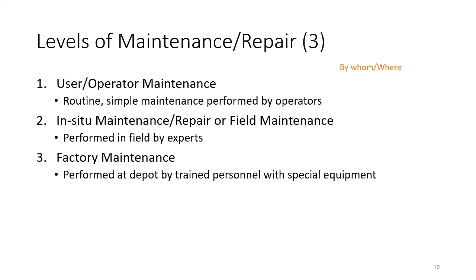Factory maintenance is for the purpose of upgrades, where you would bring the system in to a depot and perform upgrades. In theory, factory maintenance can also be used if a system breaks down, and then the system would be towed or somehow transported to the depot for maintenance.